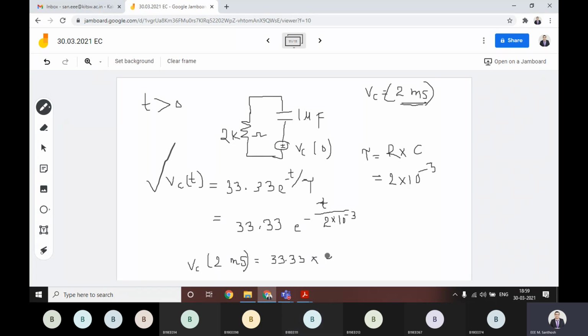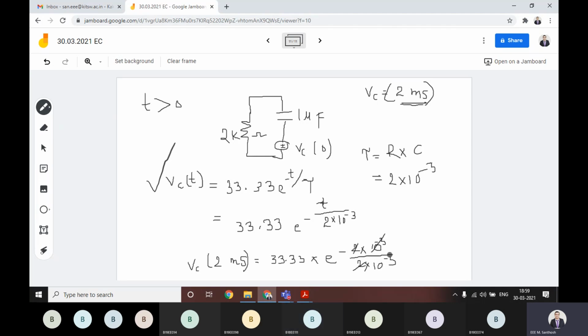Okay, e power minus t is given as 2 into 10 power minus 3, and this value is 2 into 10 power minus 3. Sir, both get cancelled. Both are minus 3? Okay, sorry.